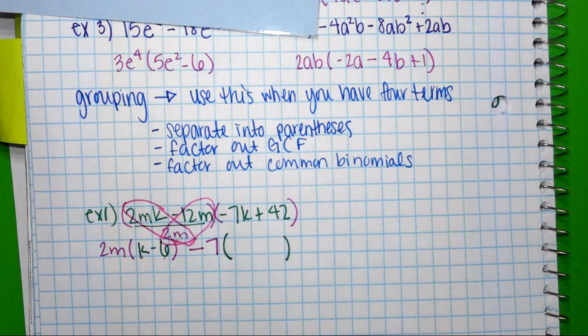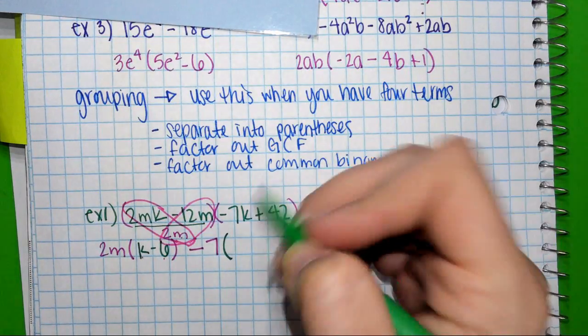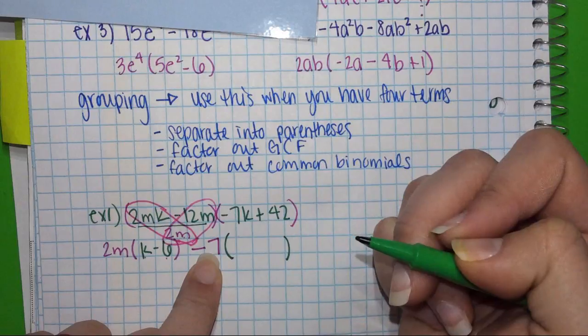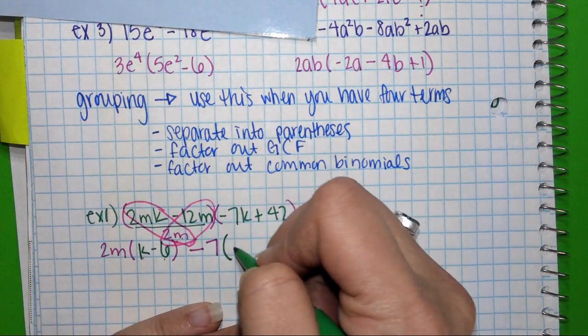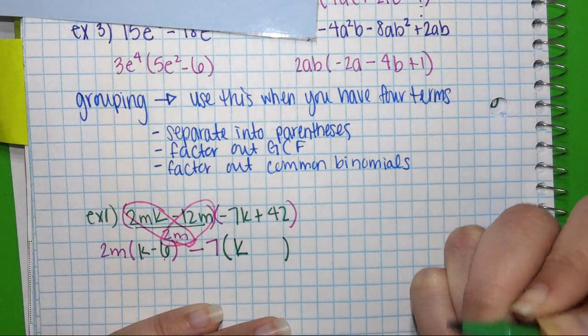Alright, what's negative 7k divided by 7? I'm sorry, negative 7k divided by negative 7. K. And 42 divided by negative 7?